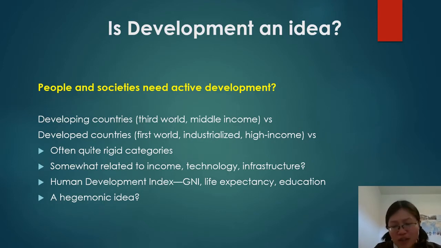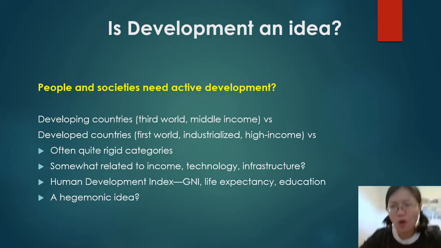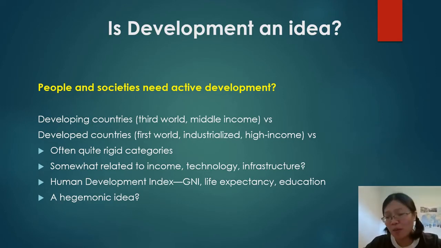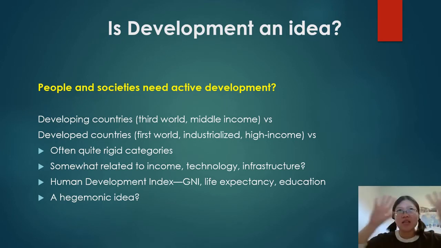But the connotations are pretty much there when we talk about first world, or developed countries, or high income countries. We imagine the same groups of countries. Similarly, we imagine the same groups of countries when we talk about developing countries or third world countries. So you can see that these are often quite rigid categories.